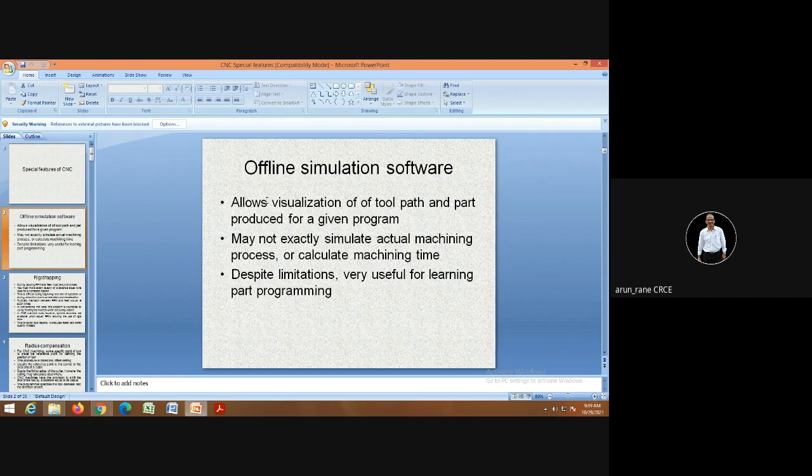That is what is called simulation. The advantage is that if something is wrong with the program, if there are any errors, that can be corrected.